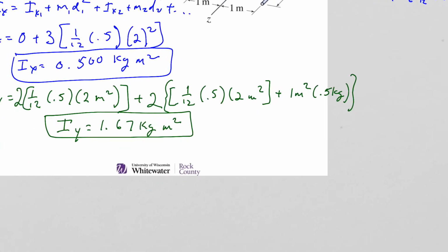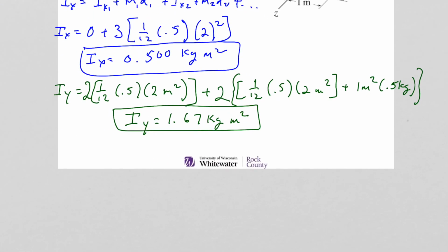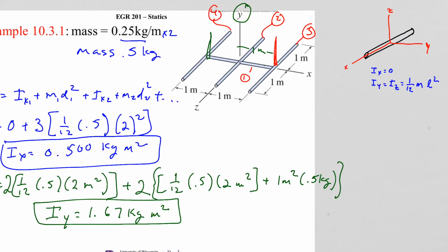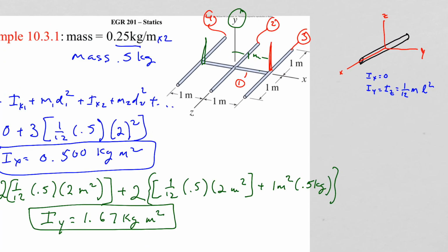Last, we need to calculate the moment of inertia for the z-axis, Iz. If we look at it here, z is running now through this axis here. Shape 1 is again the same 1/12 mass times length squared, and there's no parallel axis for it.